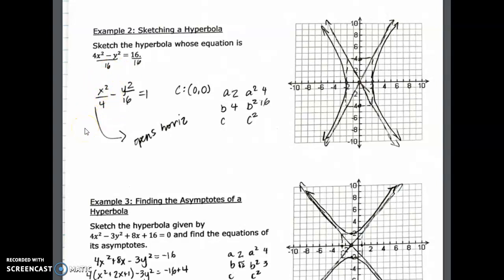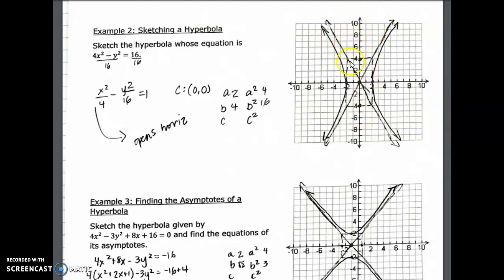They come first. So to graph a hyperbola, like I said, it's tricky. First you graph your center point, and then you graph your a and your b values. So you count, in this case, to the left and right 2, because the a value is under my x's, and I count up and down 4, just like as if I were graphing an ellipse.